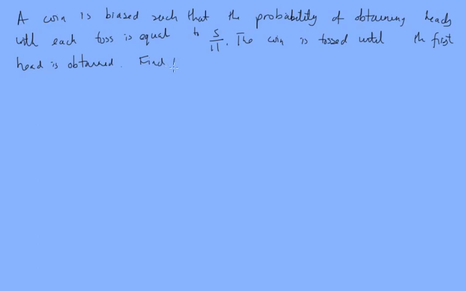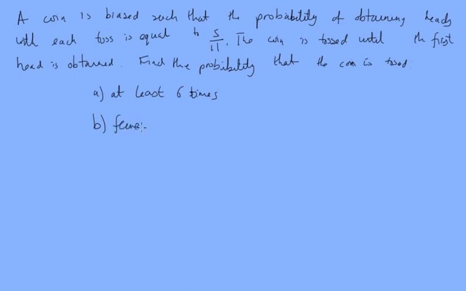Find the probability that the coin is tossed, A, at least 6 times, and B, fewer than 8 times.